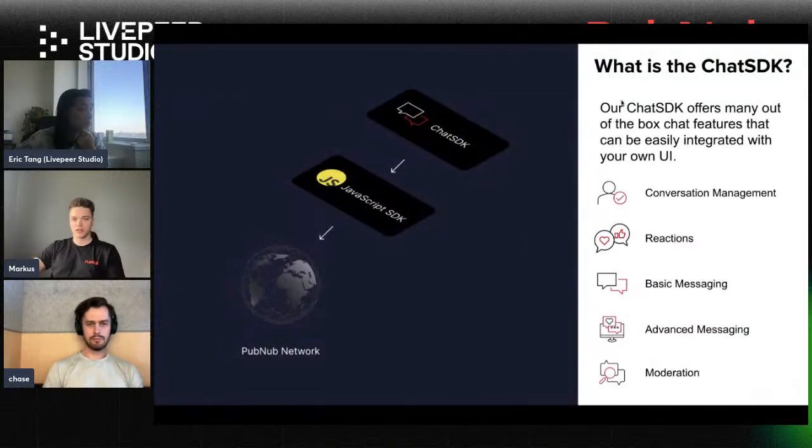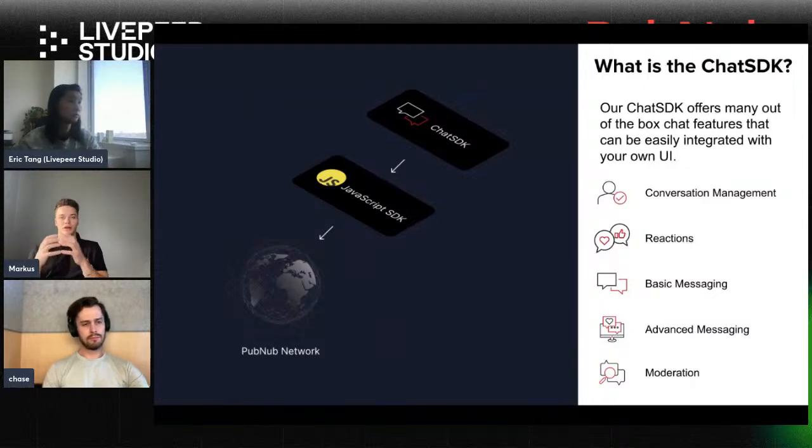So what is the Chat SDK? Essentially, you have the PubNub network, which you can access through the REST API. Then we made that easier to access by implementing a JavaScript SDK. And then we built a Chat SDK on top of that for coupled together functionality, making it even more seamless to get your application to production if you are building a chat.